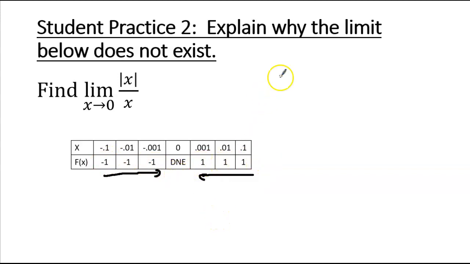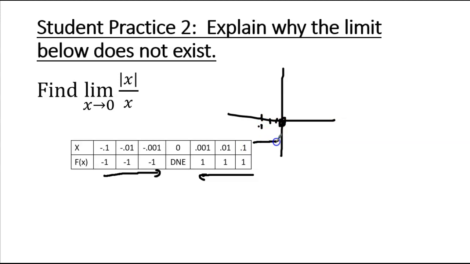So here's the problem. As you're graphing these points, we're approaching x equals 0, right? And at -0.1, which I'll put right here, and here's -0.01, at -0.1 we're at -1. At -0.01, we're there, and at -0.001, we're here.